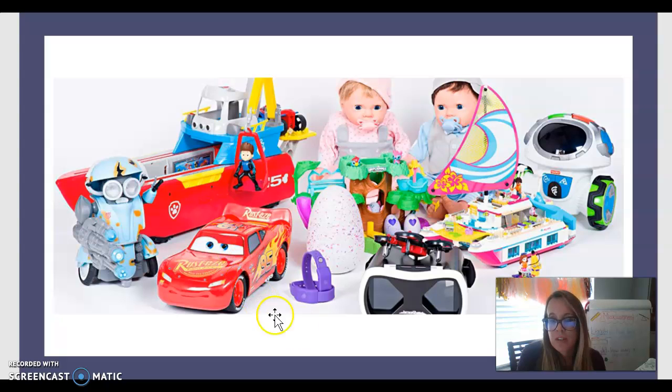So now I'm gonna think the race car and the goggles, which one's gonna be heavier? Yeah, I think the race car too. So I could say the race car is the heaviest toy in front. So when we compare more than 2, it's gonna be heaviest or lightest. Like of these 3 toys, which one do you think is going to be the lightest? Yeah, I agree. I think the watch is going to be the lightest also. Nice job, boys and girls.